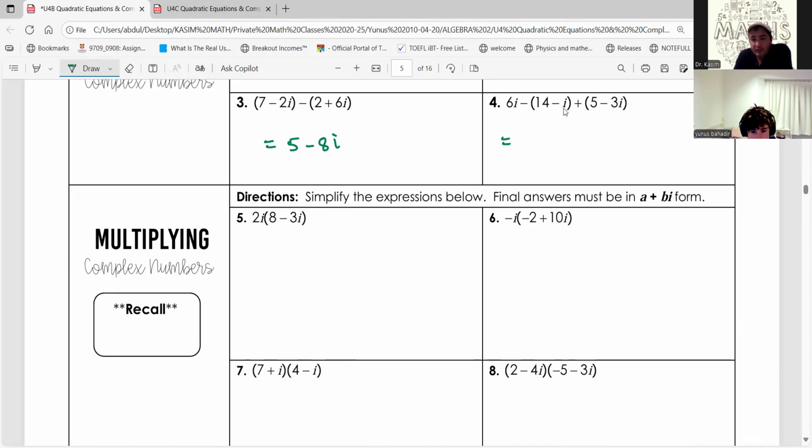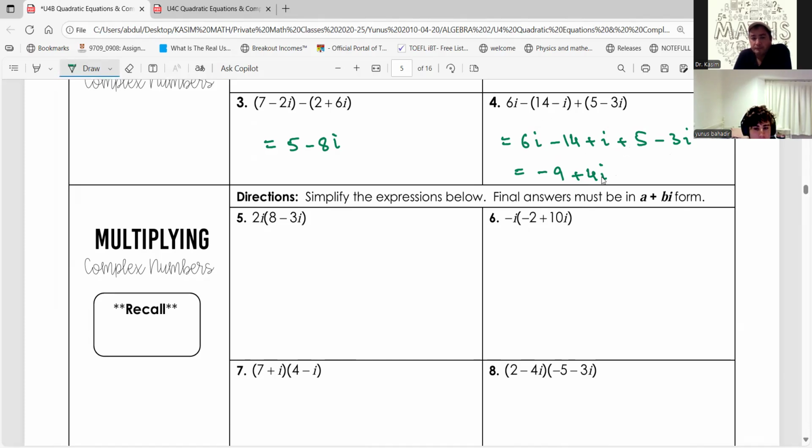Negative times positive, right? First, if you distribute, 6i minus 14 plus i plus 5 minus 3i, right? First, let's simplify the real part. Negative 14 plus 5, negative 9. 6i plus i, 7i minus 3i, that is 4i.